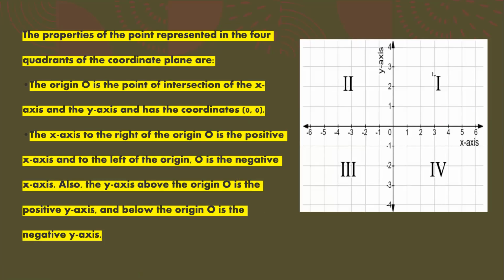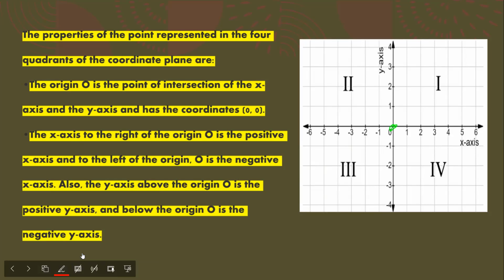This is the first quadrant, this is the second quadrant, this is the third quadrant, and this is the fourth quadrant. The properties of the points represented in the four quadrants of the coordinate plane are: the origin O is the point of intersection of the x and y axes. This is the origin. Its coordinates are 0, 0.